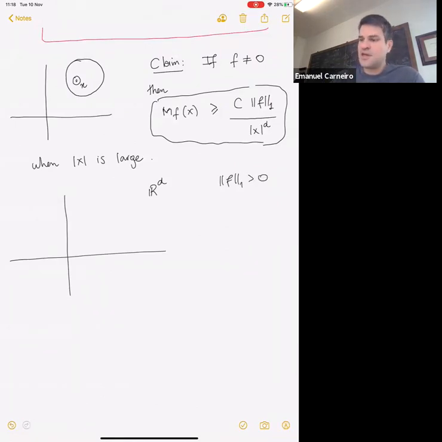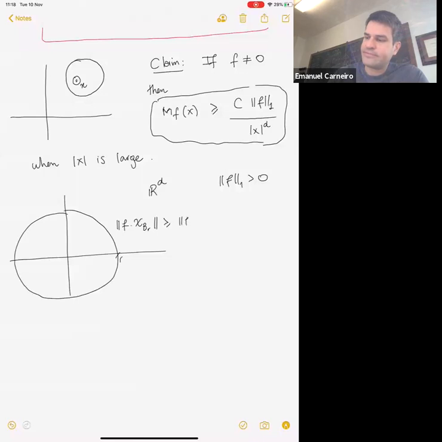Then there must be a big ball centered at the origin, of radius r, such that the L1 norm of f times the characteristic function of this ball is already, say, half of the norm of the function.